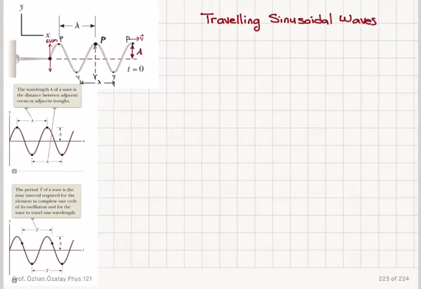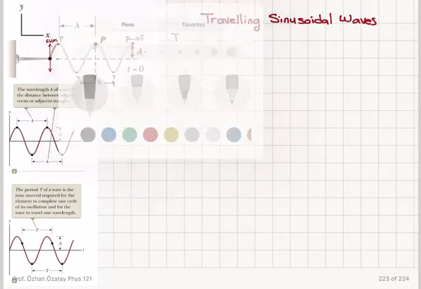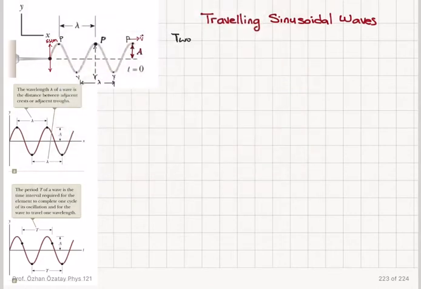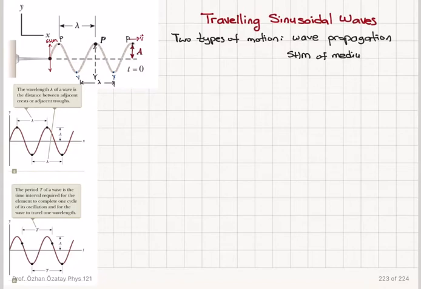So let's think about what types of motion are involved in the propagation of this wave. Two types of motion are involved. First, the wave is propagating, so we have wave propagation. Then the elements of the medium are moving up and down, so we have simple harmonic motion of medium elements.